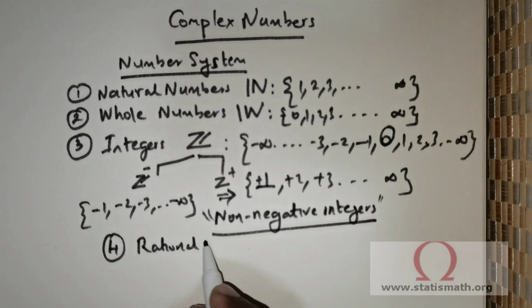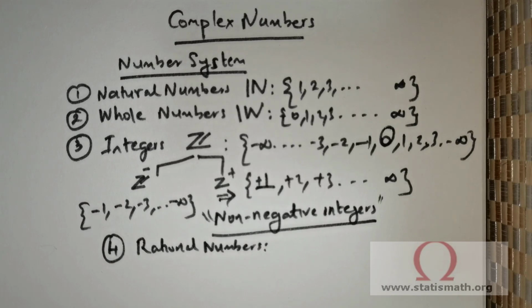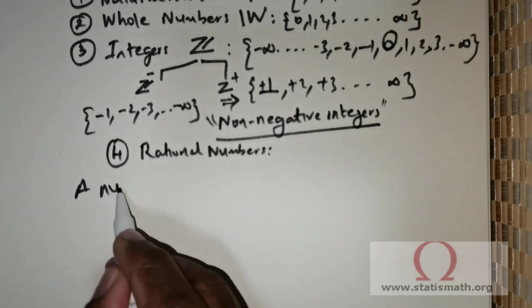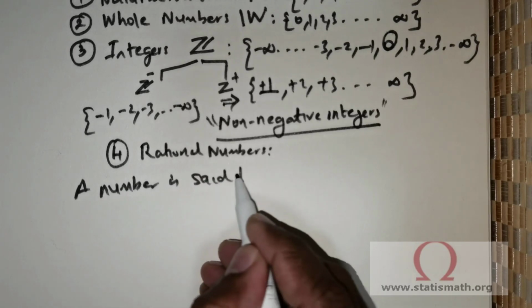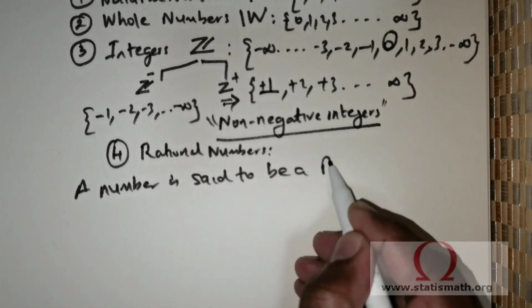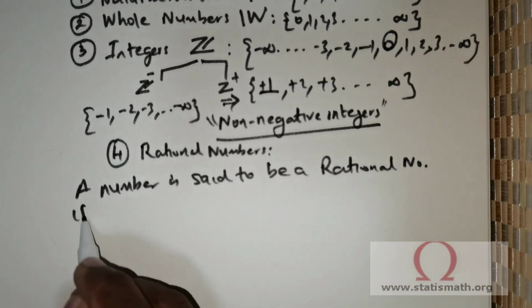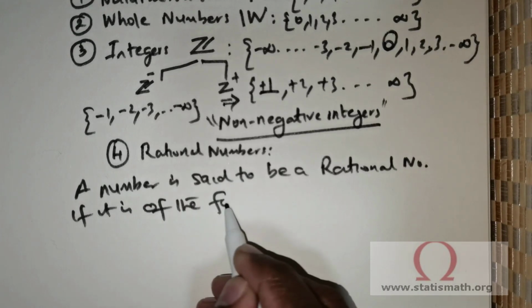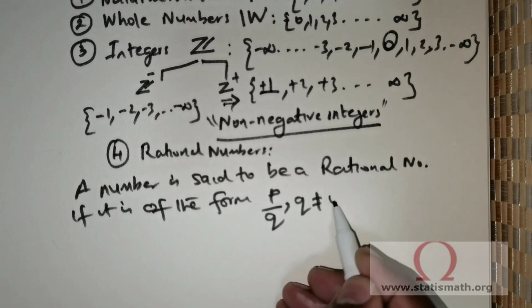Rational numbers, so what are those? A number is said to be a rational number if it is of the form p divided by q and q not equal to 0.